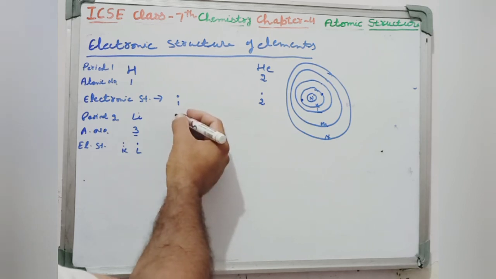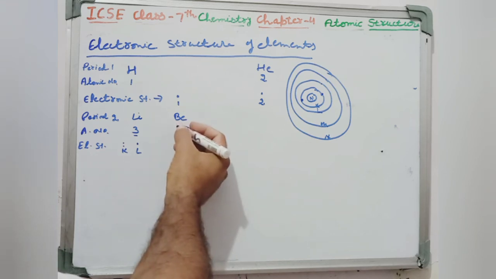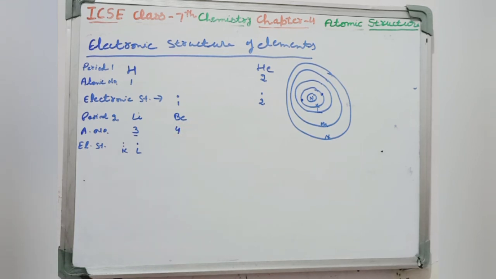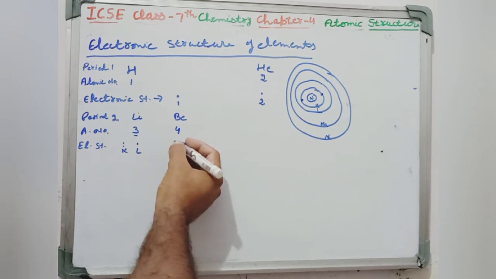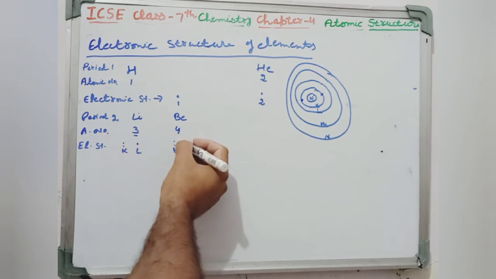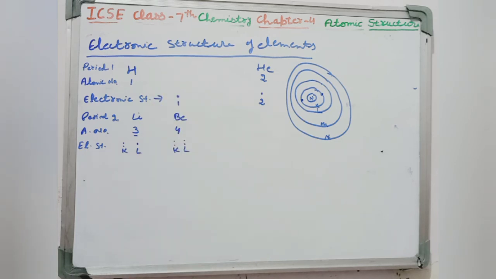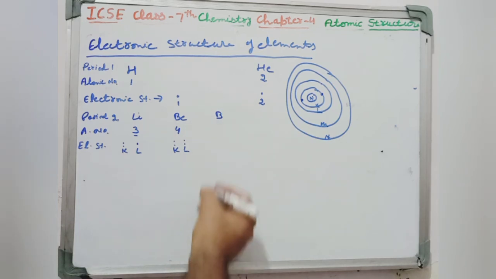Now next is beryllium, Be. Its atomic number is 4. Now K, L: first 2 here, then 2 are remaining, 4 minus 2. L can hold 8. Right? Now boron, it's 5.